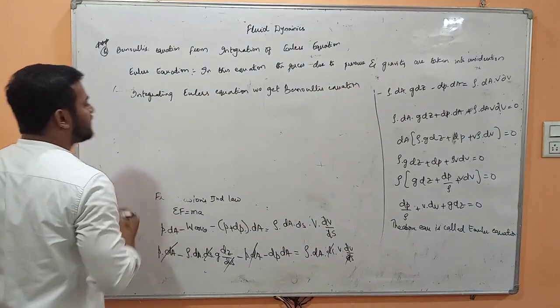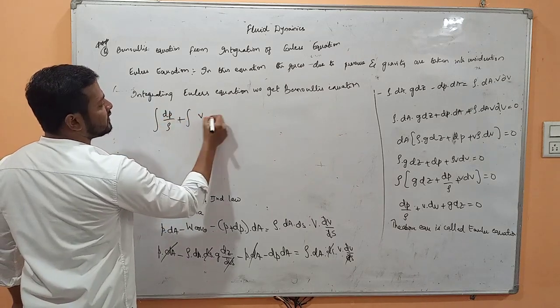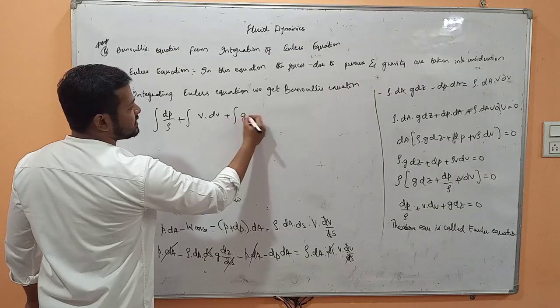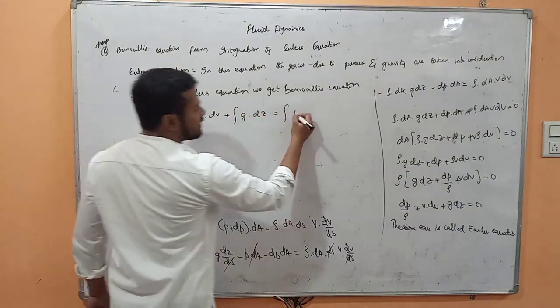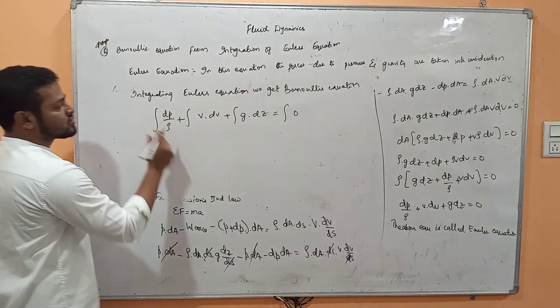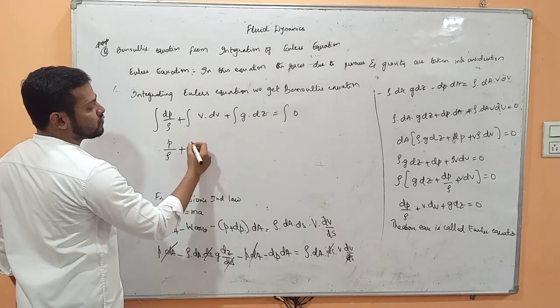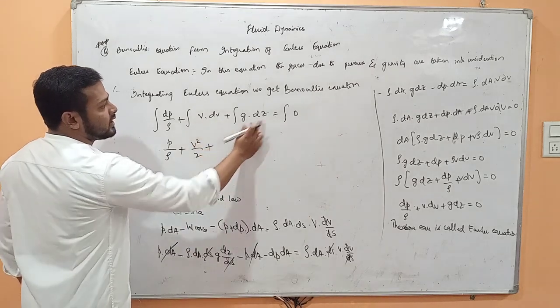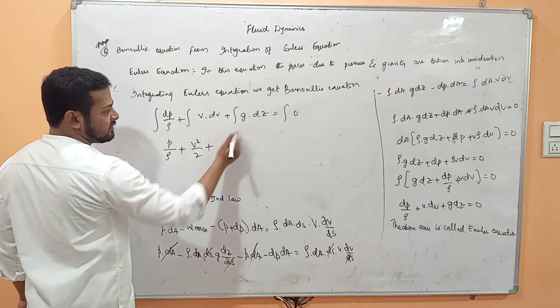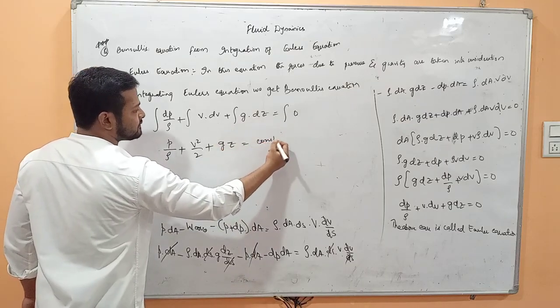Integrating that equation: integral dP by rho plus integral V dV plus integral g dz is equal to integral of 0. Integral dP by rho gives P by rho, plus the integral with respect to V gives V square by 2, plus integral dz becomes z, so gz, is equal to a constant.